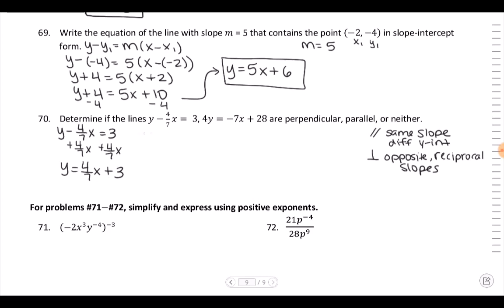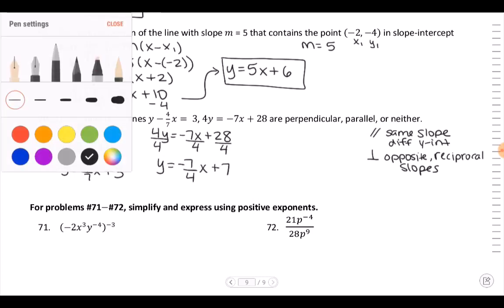Okay, so that's that equation. My other equation, 4y equals -7x plus 28. I need to divide everything by 4. So y equals -7/4 x plus 7.